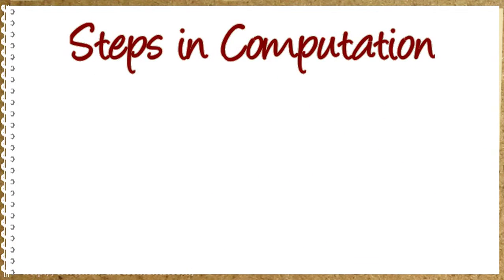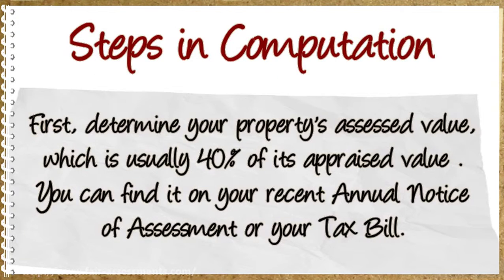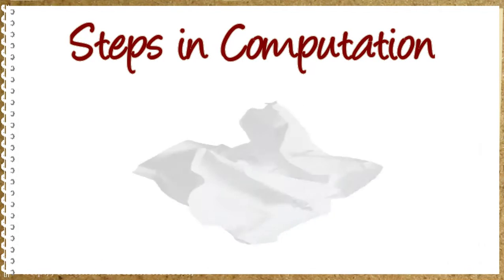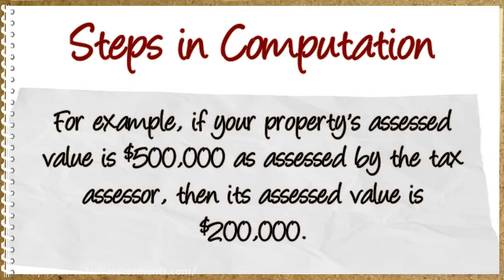Steps in computation: first, determine your property's assessed value, which is usually 40% of its appraised value. You can find it on your recent annual notice of assessment or your tax bill. For example, if your property's appraised value is $500,000 as assessed by the tax assessor, then its assessed value is $200,000.